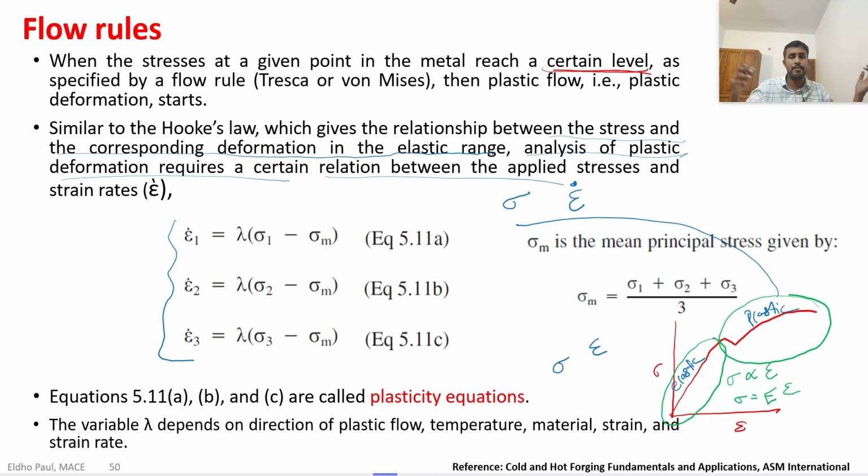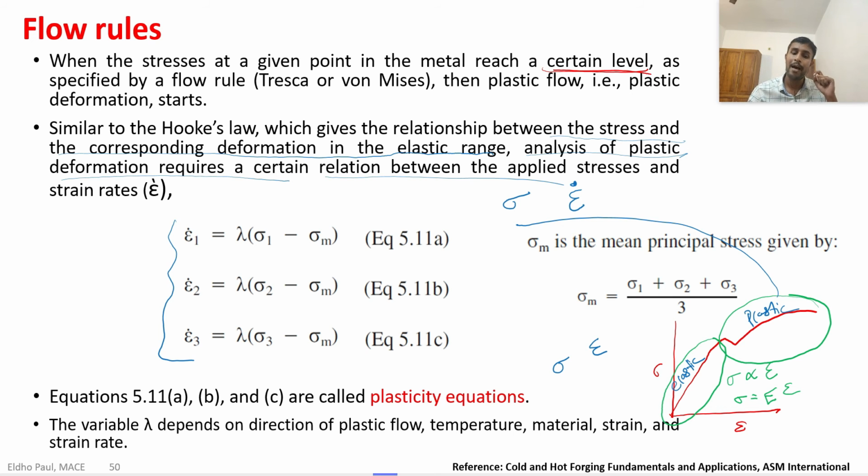For example, in hammering, the strain rate is very high, because in a very small time we apply huge strain. But in a low speed pressing operation for deformation, the strain rate is low, because with respect to time the amount of strain induced on the material is very low. So that is strain rate.